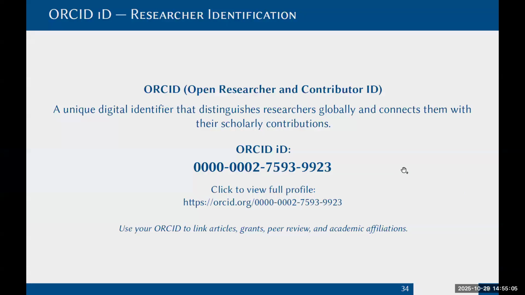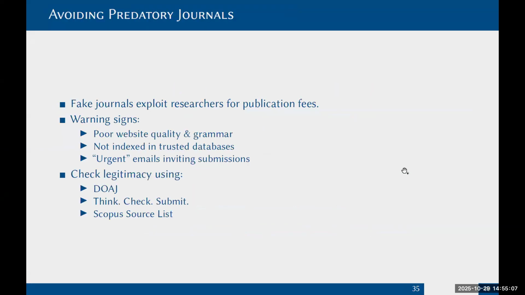So avoid predatory journals. If you are submitting your article, avoid predatory journals, meaning fake journals that exploit researchers for publication fees. What are the warning signs? Their website will be very poor quality and not indexed in any trusted database.